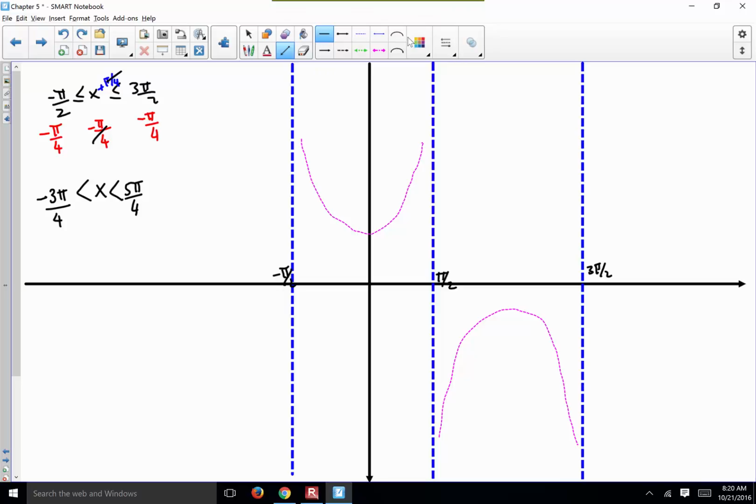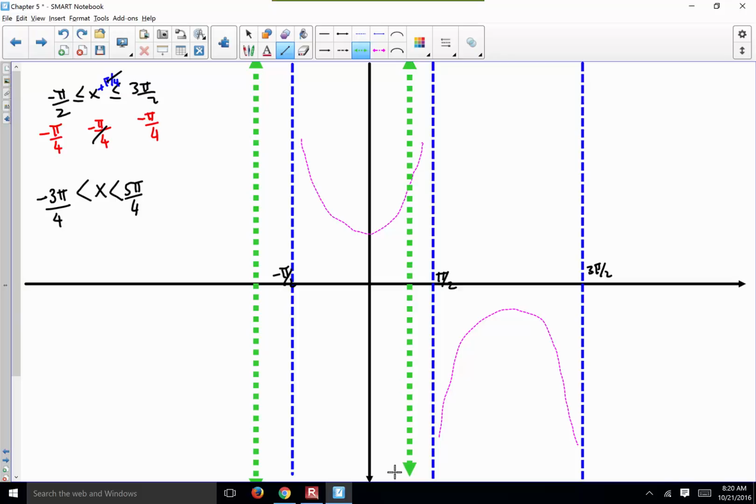So I'm going to shift these asymptotes first, pi over 4 left, and this one too. Even the middle point will move pi over 4 left. No, a little right. It should be between these two lines, and this one will move here.